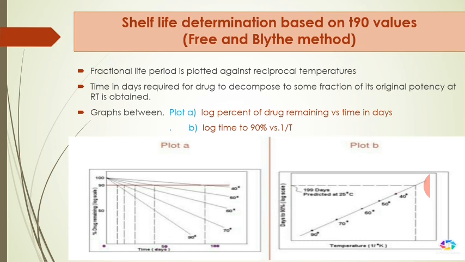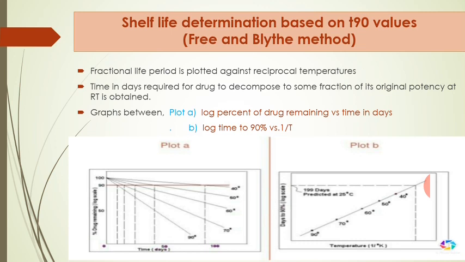Graph 1 is between log percent of drug remaining versus time in days, where the dotted line shows the theoretical potency when it reaches 90%. Graph 2 is between log time to 90% versus reciprocal of temperature, and it shows the extrapolation of the straight line to 25 degrees Celsius. The time for 10% loss of potency can be determined.